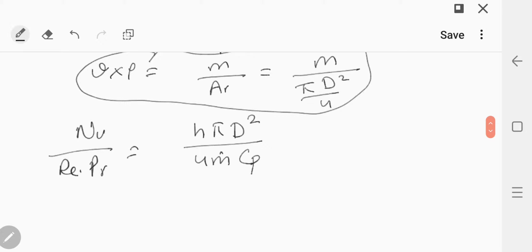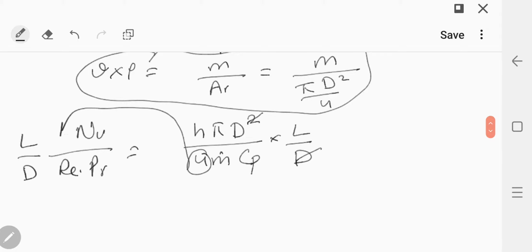Now multiply both sides by L by d. So multiplying both sides by L by d, this d cancels with this d, and we shift this 4 over here.